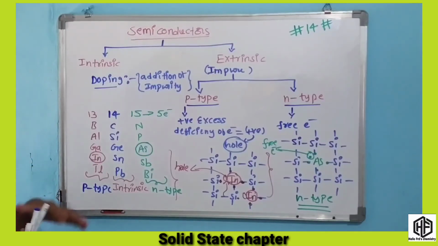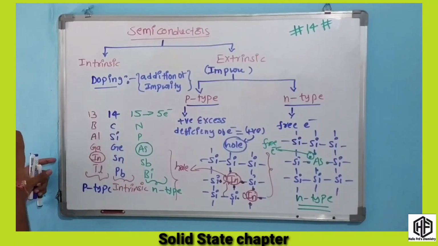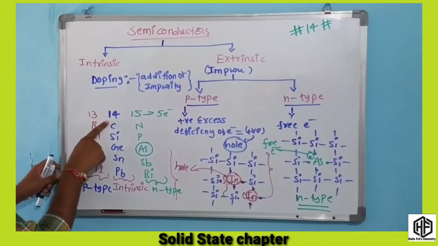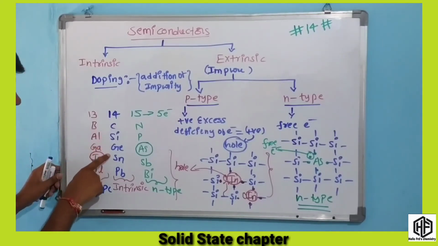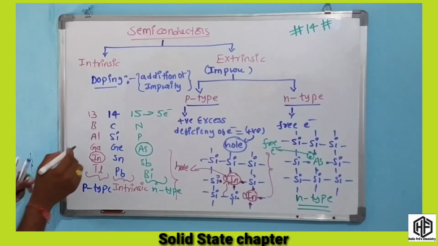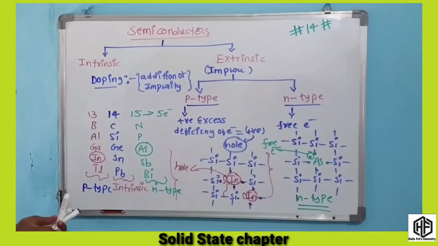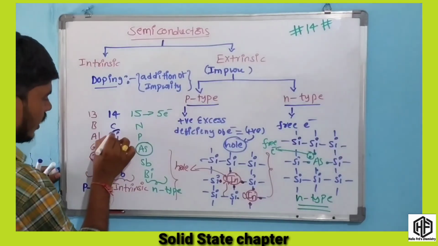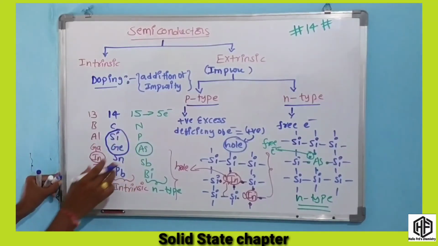Now we have to understand these important p-block elements, like the 14th group elements: carbon, silicon, germanium and tin. Silicon and germanium are intrinsic semiconductors.